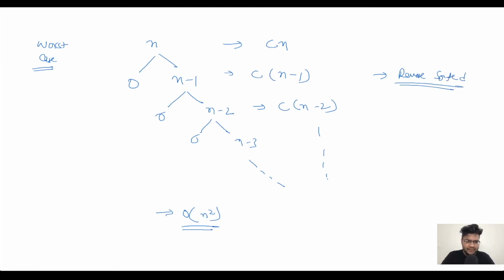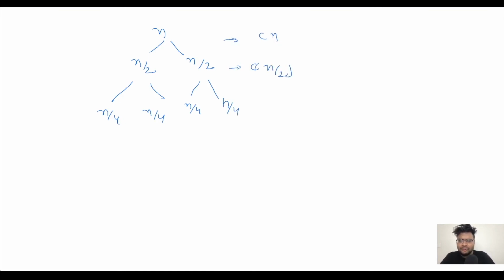What is the best case scenario? The best case scenario would be when we are equally dividing the array. So n is divided into n by 2, n by 2, then n by 4, n by 4, n by 4, n by 4. Again this will be Cn, this will be Cn by 2 into 2, this will be Cn by 4 into 4. Why Cn by 4? Because this is for one particular node and 4 is for 4 different nodes.